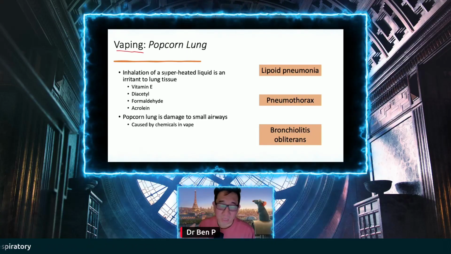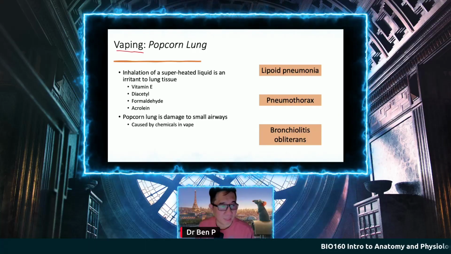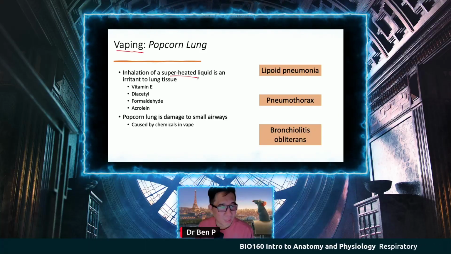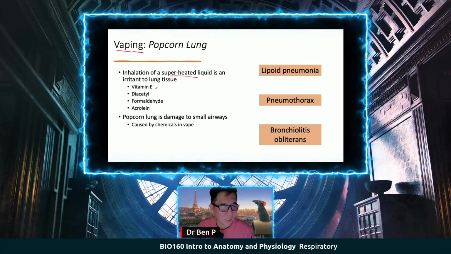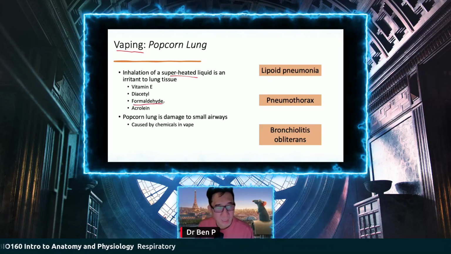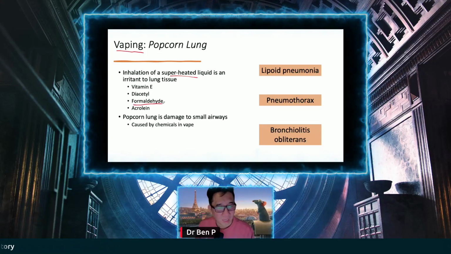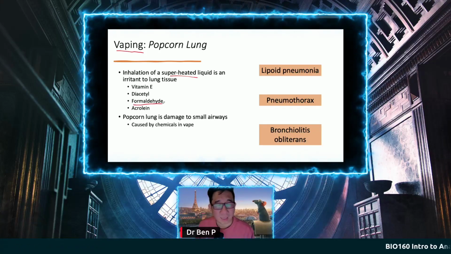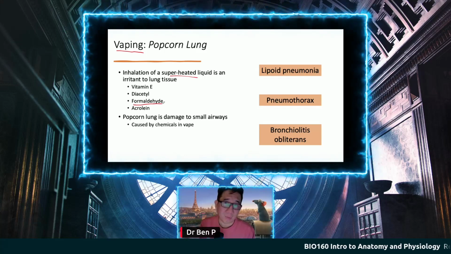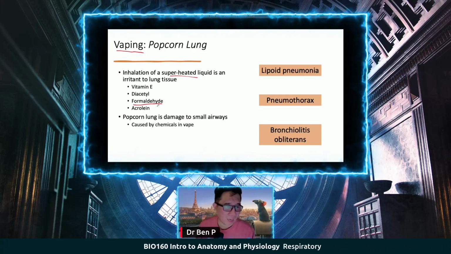When you vape, you inhale a whole bunch of stuff, and those liquids become superheated and could irritate your lung tissue. There's formaldehyde, a preservative that you smell in cadavers, dead bodies. It's put in the vape to preserve stuff that's in there.